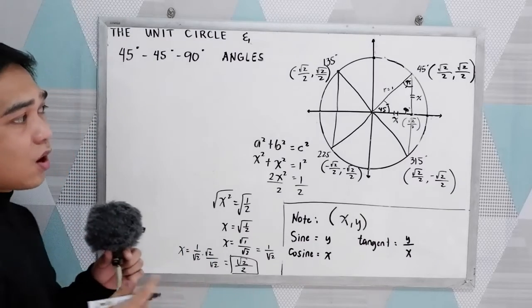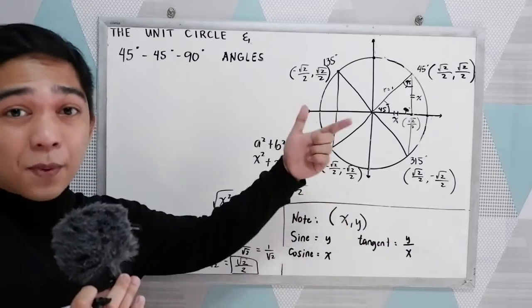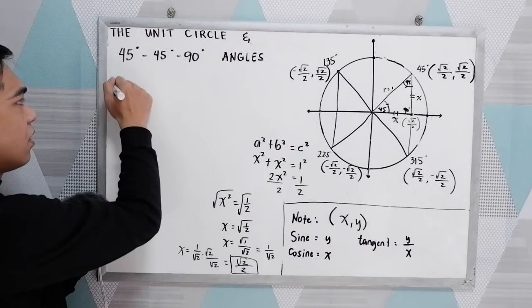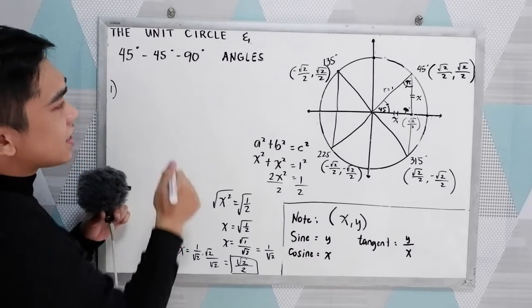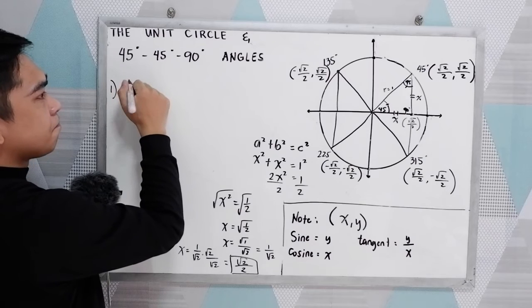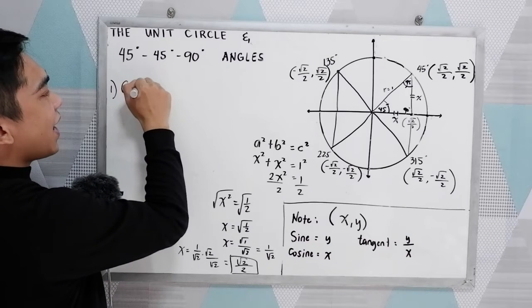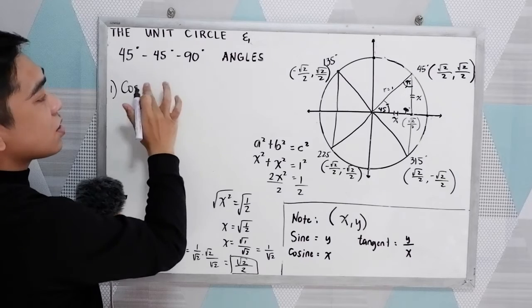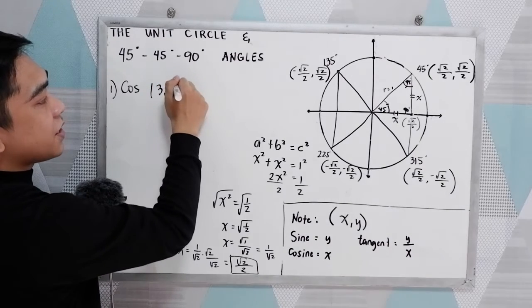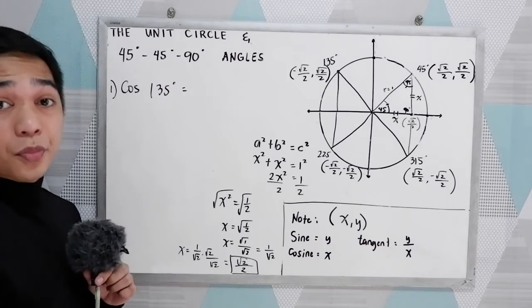And how are we going to apply this? Let's say your task is to find cosine 135 degrees.